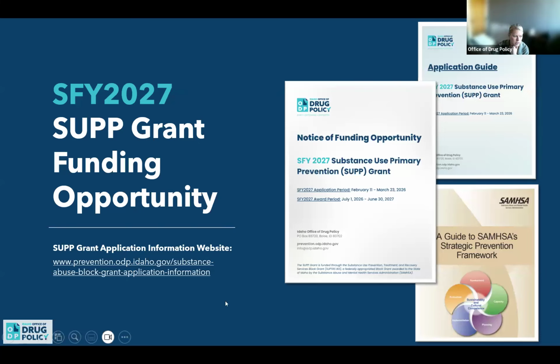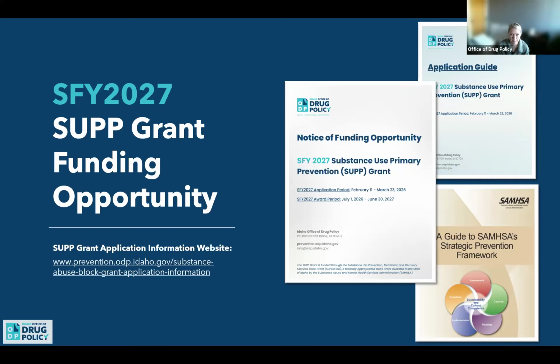Okay, so the SFY2027 SUPP grant funding opportunity, on the informational webpage, there's the notice of funding opportunity, and there's also an application guide that has really detailed guidance on how to access the application in Neighborly, how to collaborate on an application if you want to have more than one individual use it, how to save your work and go back to the application and work on it throughout the application period, and how to print the application if you want to print off different sections.